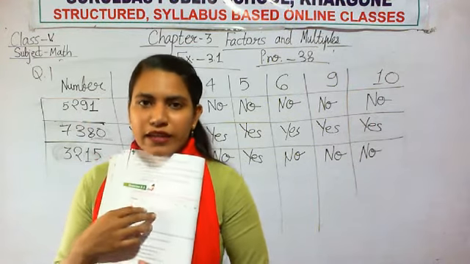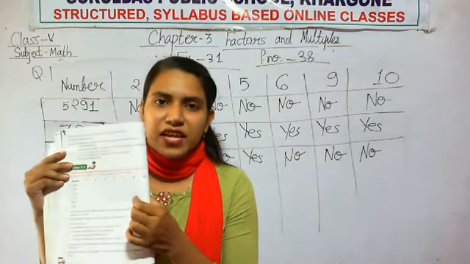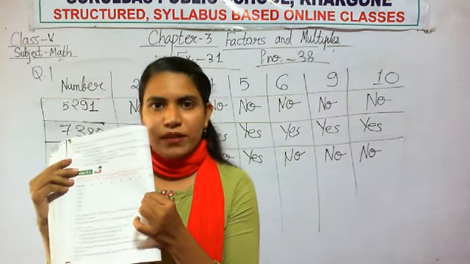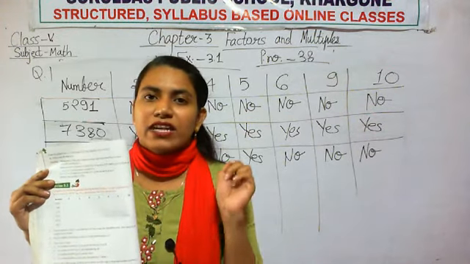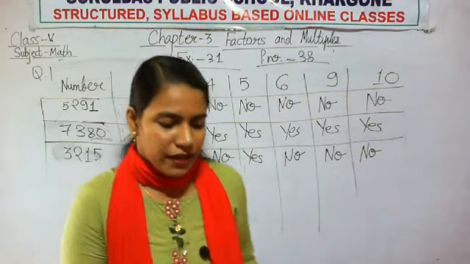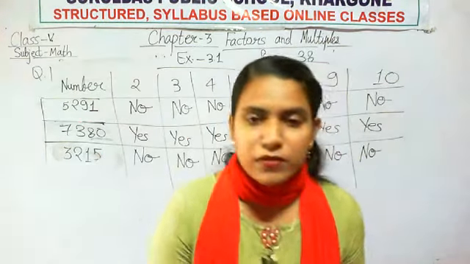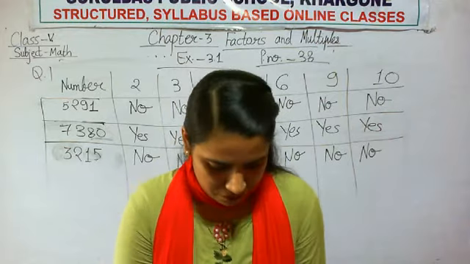You do not need to write this table in your classwork copy. But remember, you have to write the divisibility rules, which I will provide you in a PDF, in the copy.